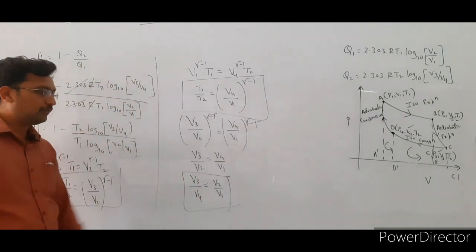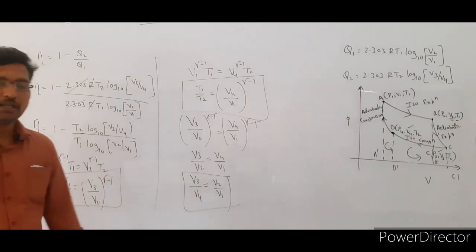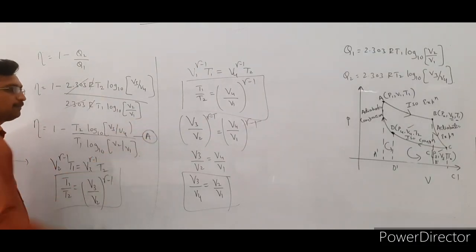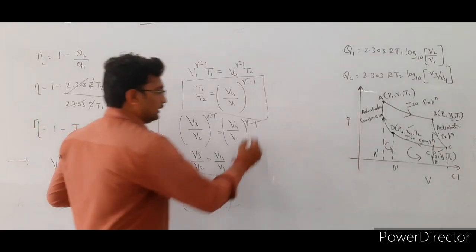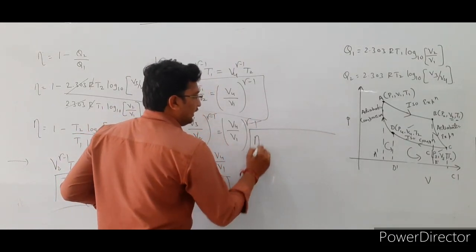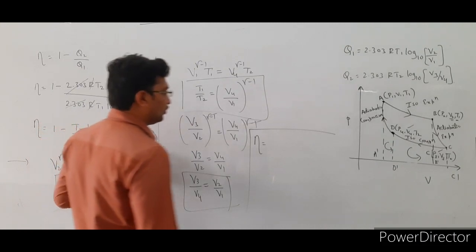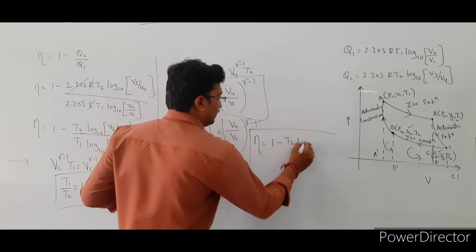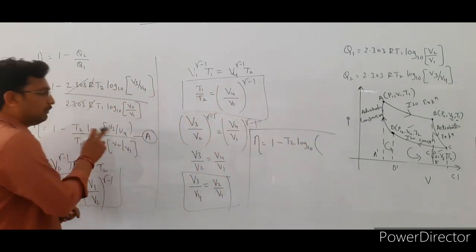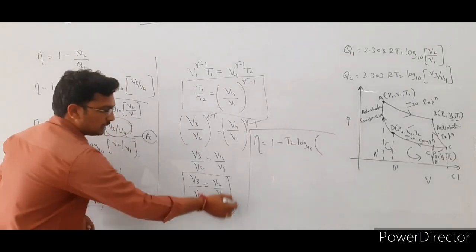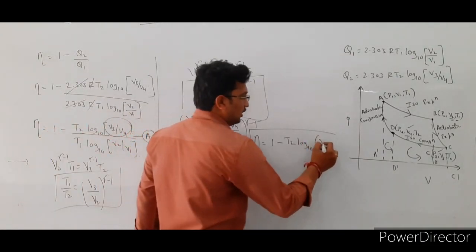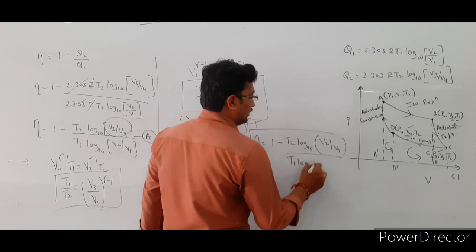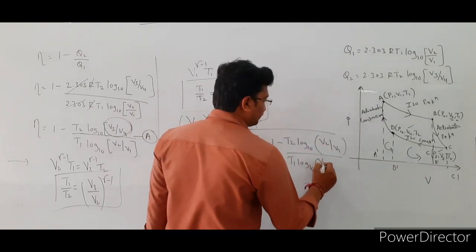So substitute the V3 by V4 value in equation A. Then the efficiency of a Carnot engine becomes eta is equal to 1 minus T2 log base 10 of V3 by V4, which is V2 by V1, divided by T1 log base 10 V2 by V1.